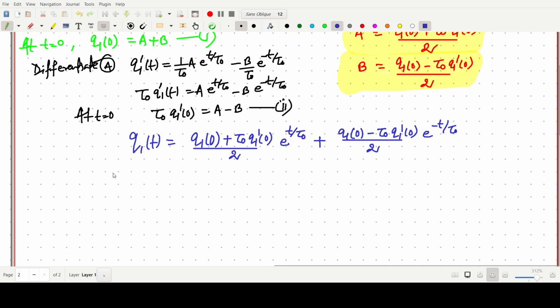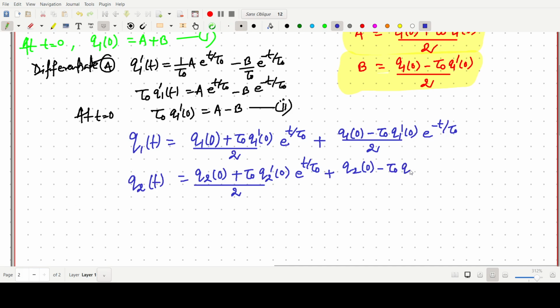So the Q2 expression for the charge is Q2 0 plus tau naught Q2 dash 0 by 2 e to the power T by T naught, plus Q2 0 minus tau naught Q2 dash 0 by 2 into e to the power minus T by tau naught.